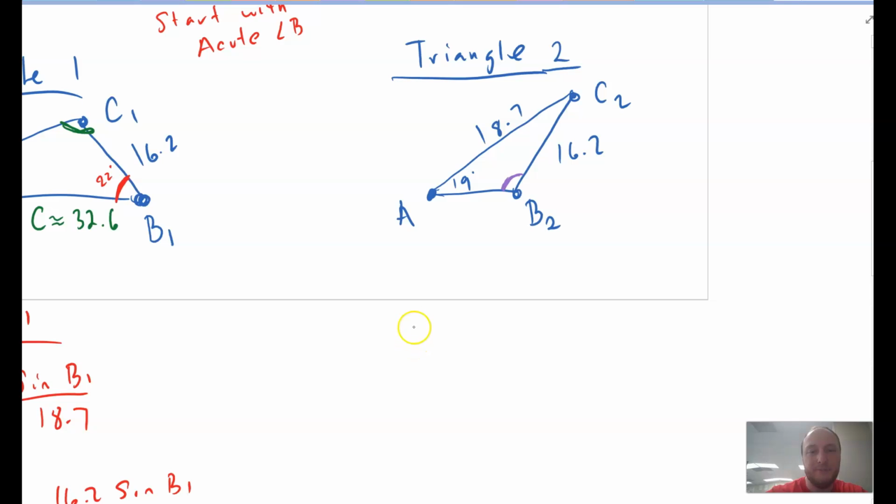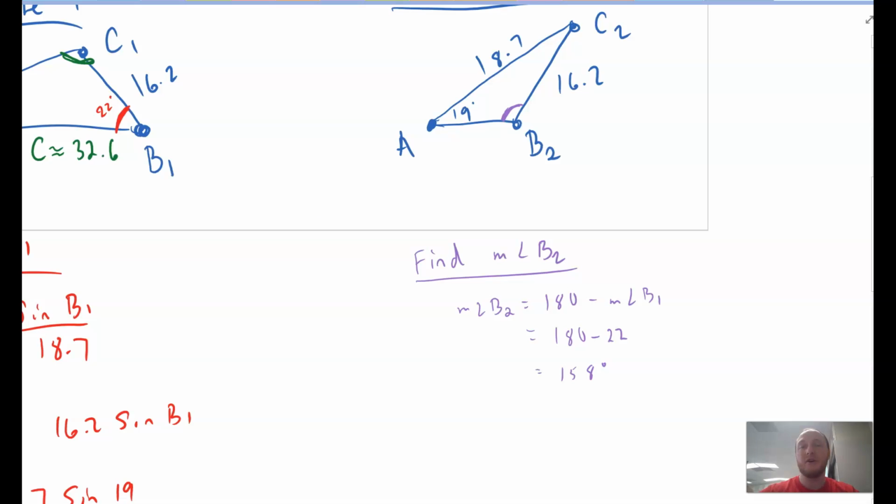So find the measurement of angle B2. That's easy. The measurement of angle B2 is equal to 180 degrees minus the measurement of angle B1. So 180 minus 22, and we get 158. So much easier.